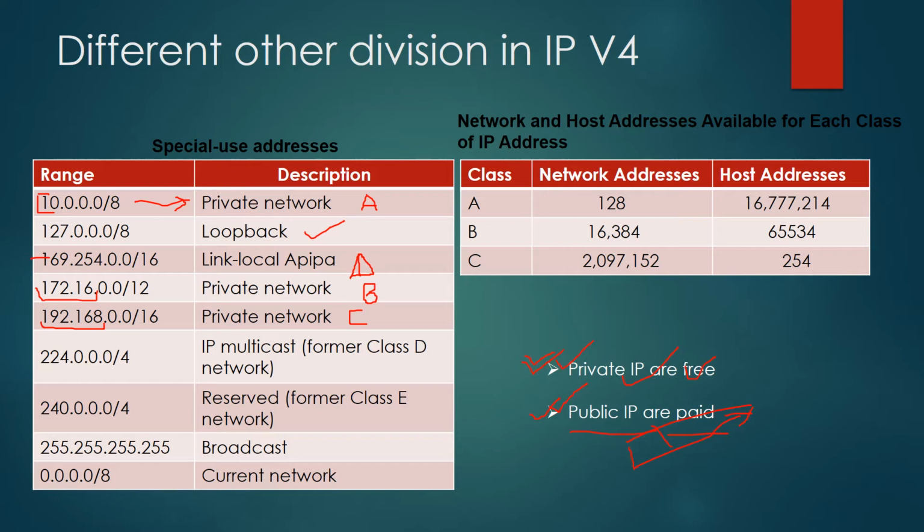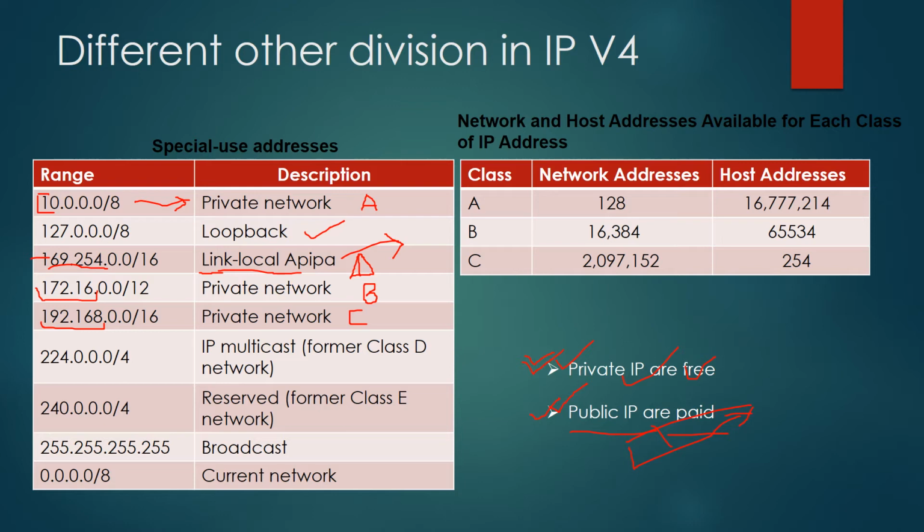So this is called the link local APIPA. So basically you can say this is the APIPA IP address. When you are not getting any network in your system, then you will see link local IP addresses in your system. This will start from the 169.254 range. This is known as the APIPA IP address.